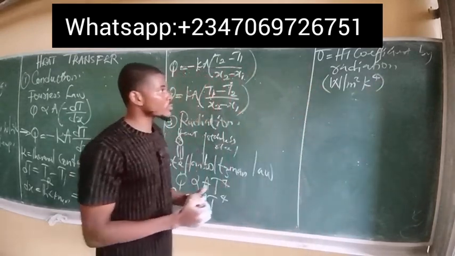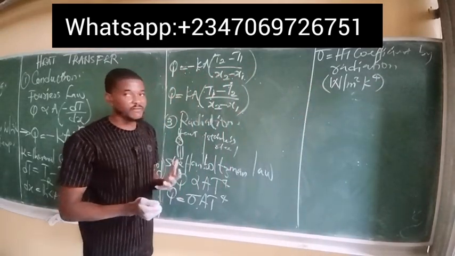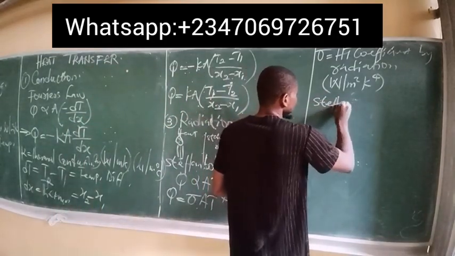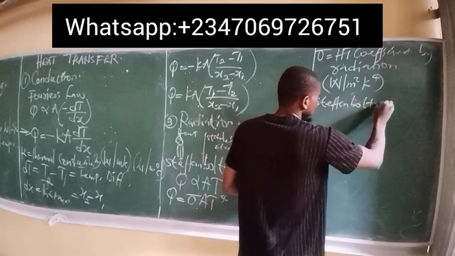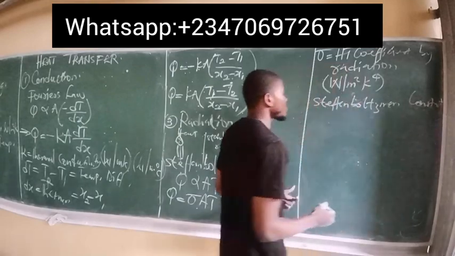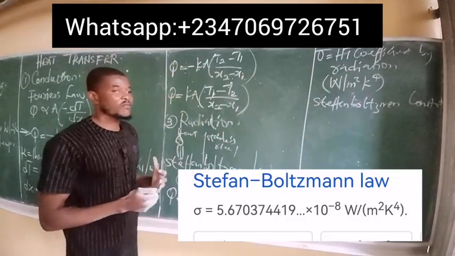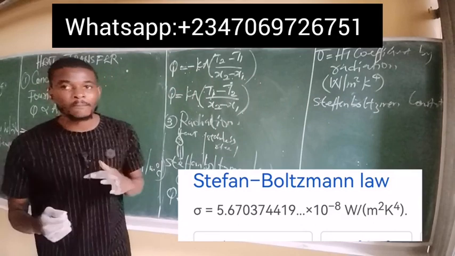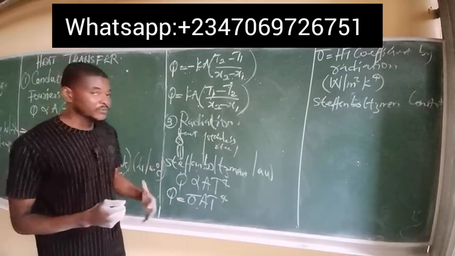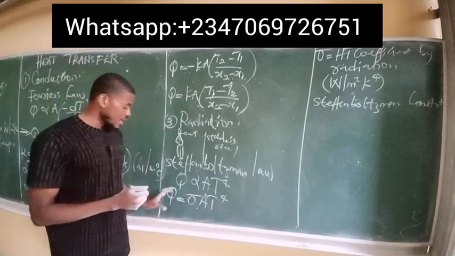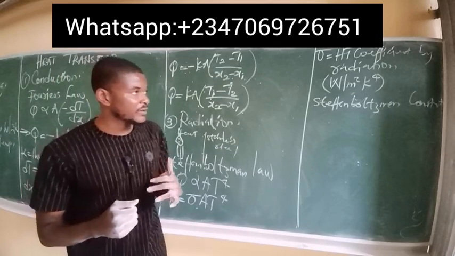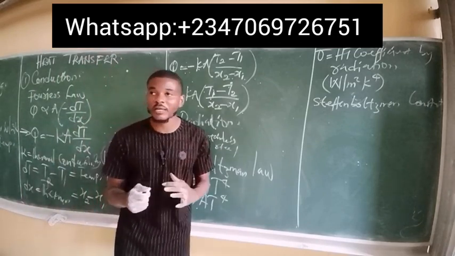It can also be called the Stefan Boltzmann constant, and of course it has a value. I'll look up the value and put it down in the description below. A stands for area, T stands for temperature, and Q stands for the heat supplied. So heat transferred by radiation is governed by Stefan Boltzmann's law.